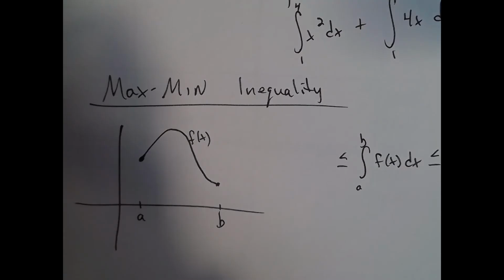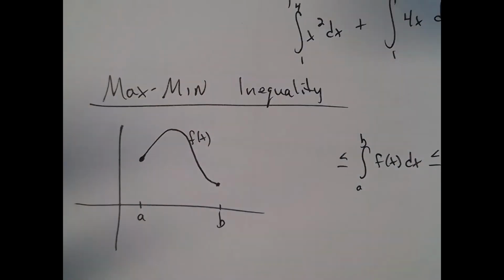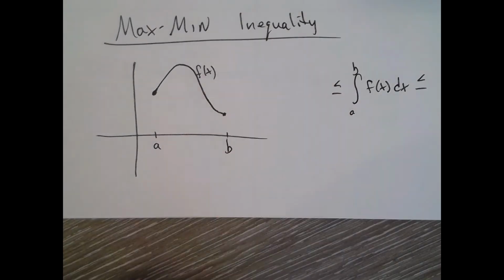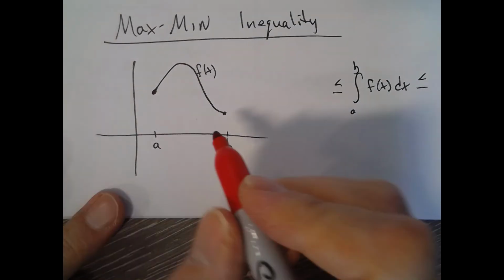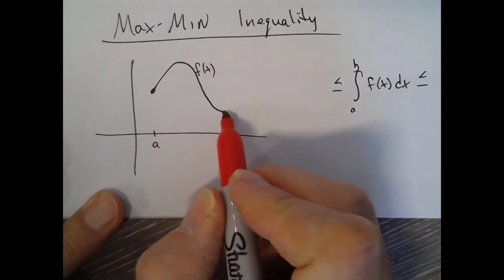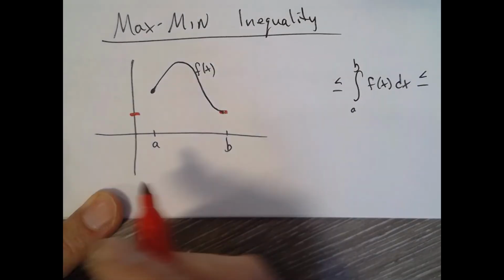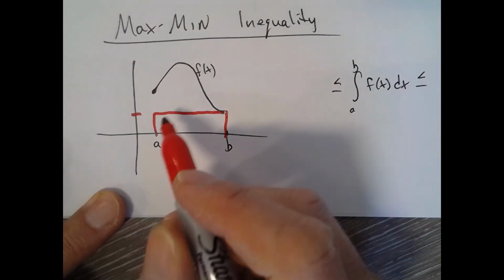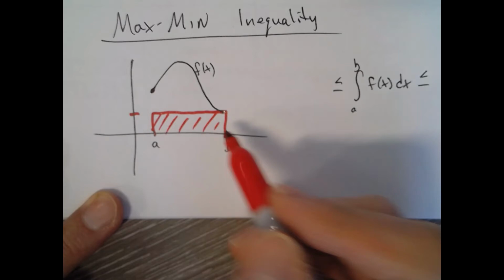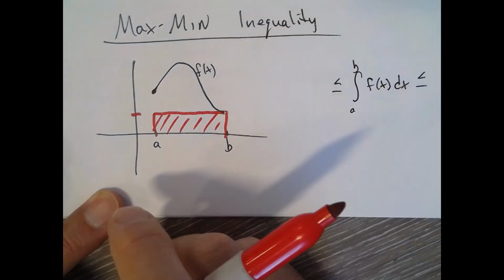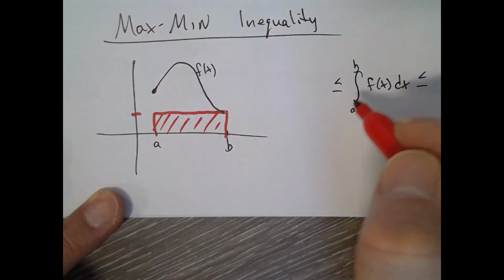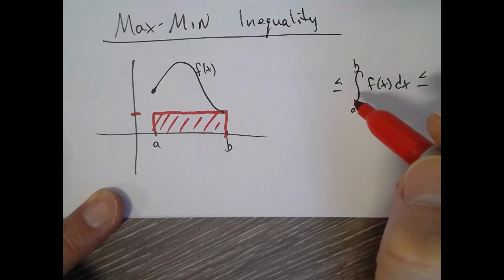Okay, so what is it guaranteed to be greater than or equal to? Well, if we looked at this function and found its minimum, it's this height right here. That's its minimum. If the y value was the minimum amount the entire time in the interval from A to B, well, the area underneath the curve is definitely going to be greater than or equal to that.